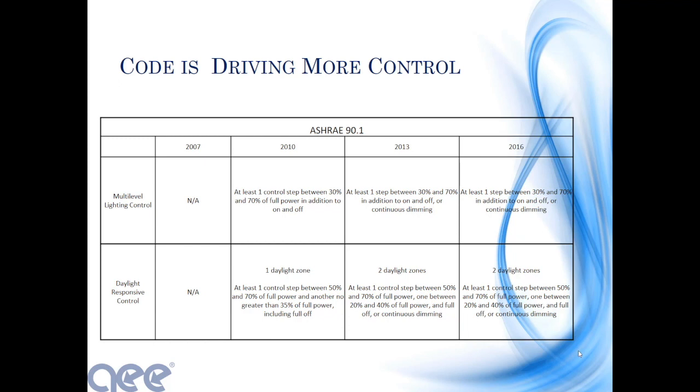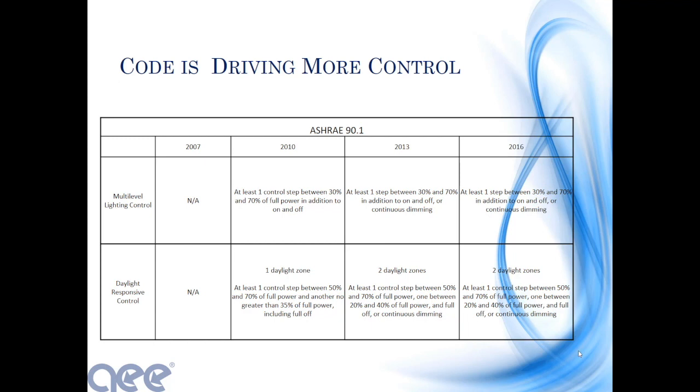So taking a look at 2010, that's where we had the first instance of these requirements coming in, saying that you have at least one control step between 30 and 70%, in addition to on and off, and then also on the daylight control that you have one daylight zone parallel to the window.